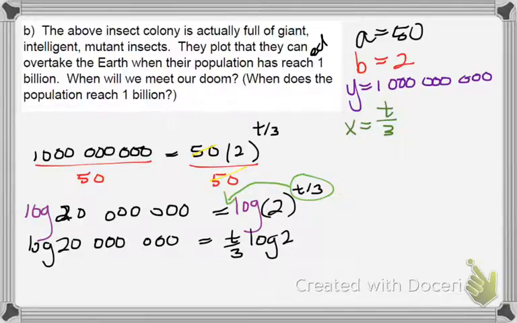This is great because now we have the t down where we can actually use it, and we can get rid of the log of 2 by dividing it out because it's being multiplied. I'm not going to evaluate yet. Don't get calculator happy. We don't want to start with that until we've isolated this a little more.